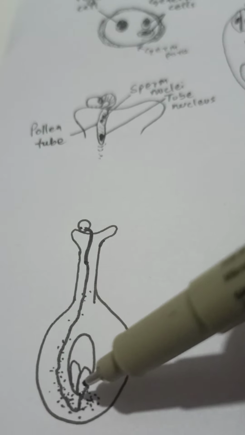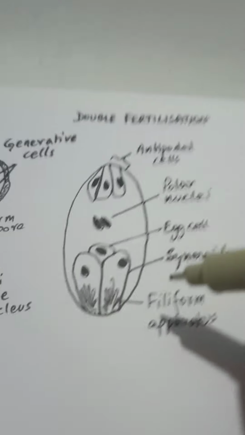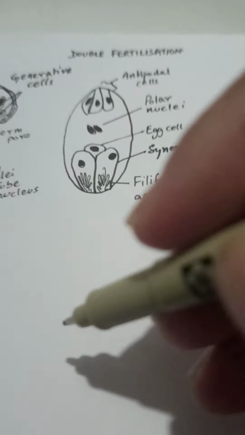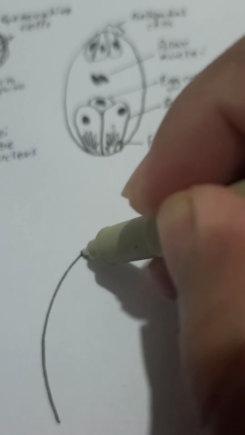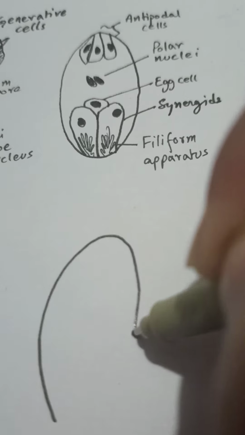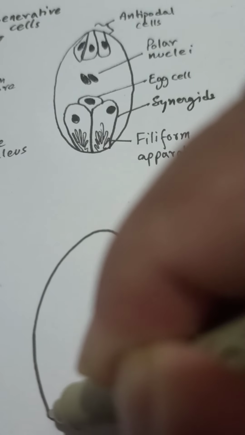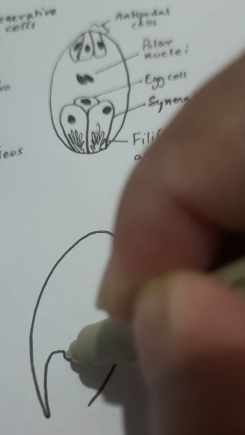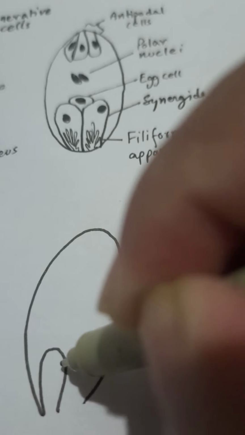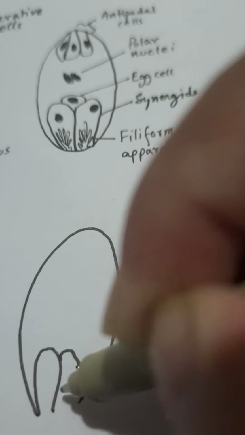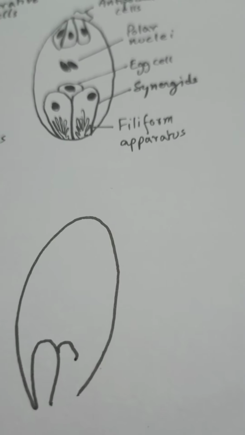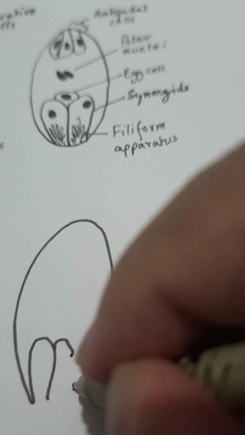Once it reaches this particular portion, let me draw the ovule briefly. What will happen here is that the synergid will play its secondary role. I think I'll use a finer tip now.